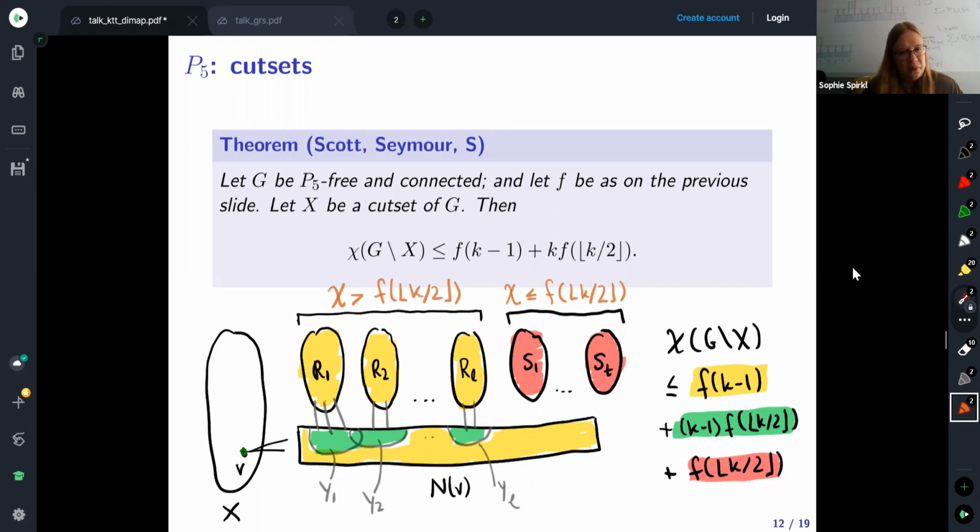So that works. It's possibly slightly mysterious why we did this, but it shows that cut sets have big chromatic number, and it shows some of the main tools we have, right? We know that if something has big chromatic number, at least the things complete to it have kind of small chromatic number.